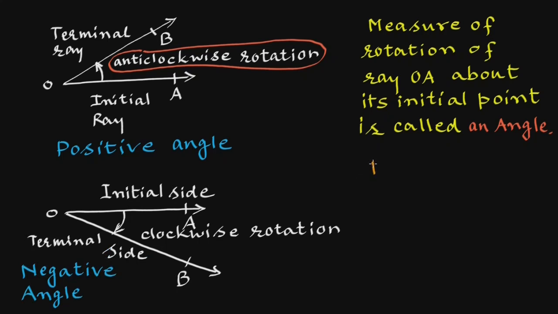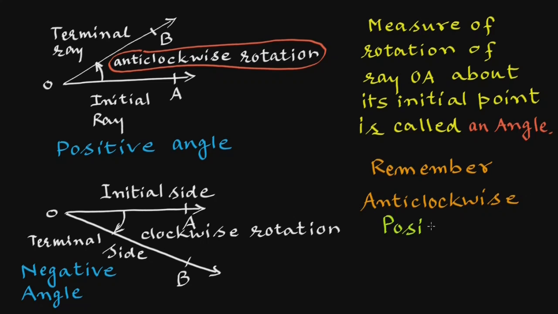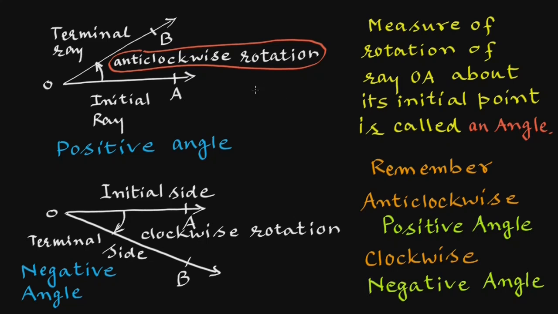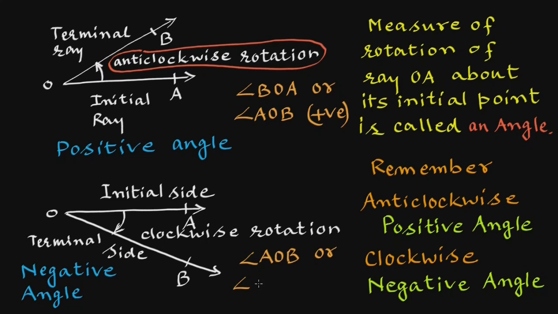So remember, when the initial arm rotates anticlockwise, the angle formed is positive angle, and when it is rotated in clockwise direction, the angle formed is negative angle. So here angle BOA or angle AOB is positive, whereas here angle AOB or angle BOA is negative.